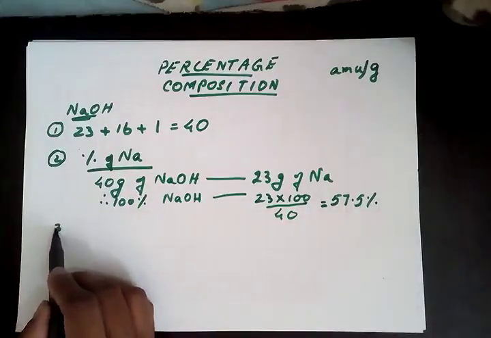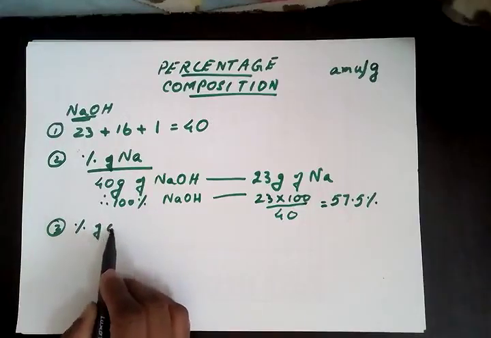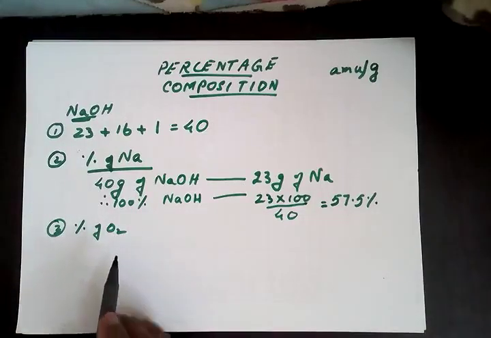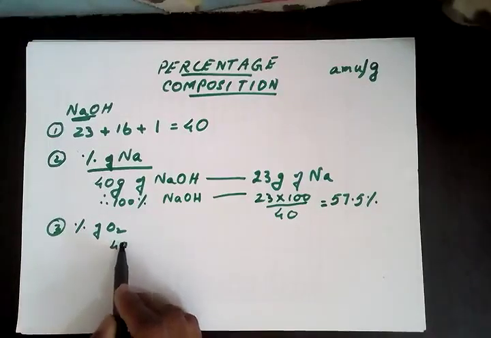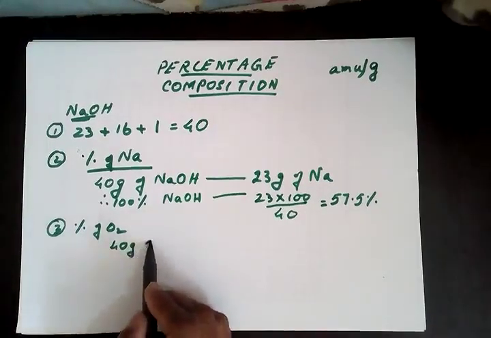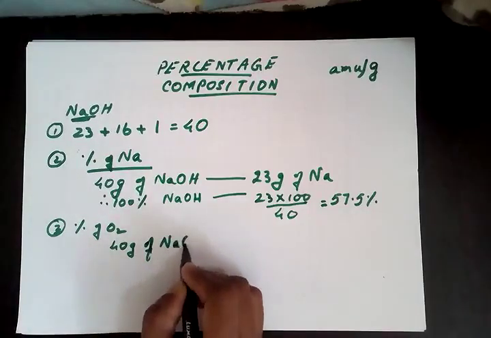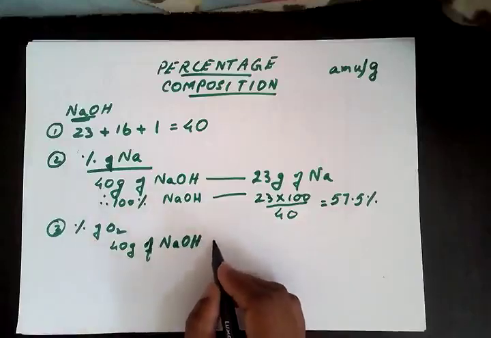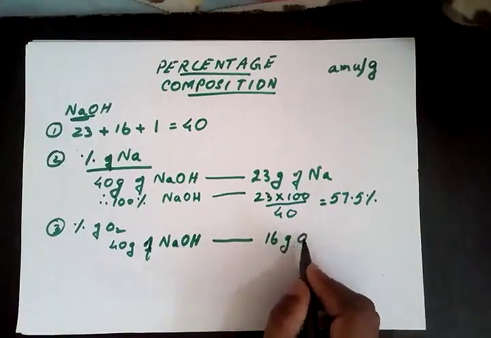In the next step, if I am interested in calculating the percentage of oxygen, I have to go ahead with the same method. 40 grams of sodium hydroxide contains 16 grams of oxygen.